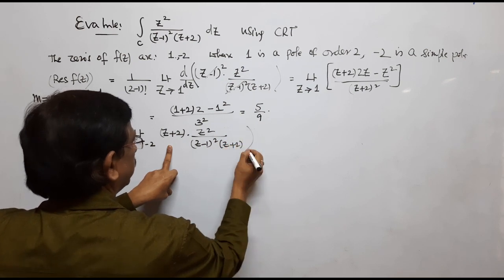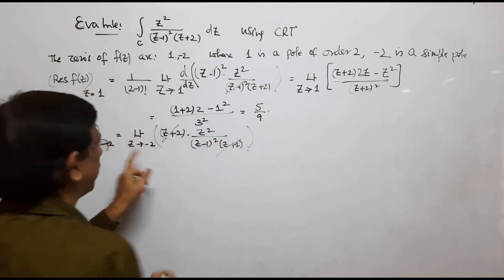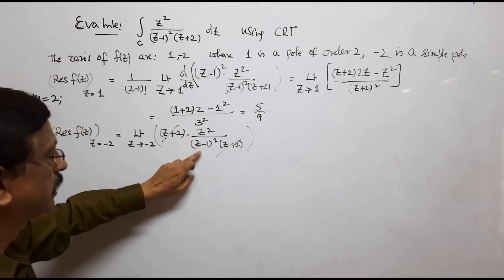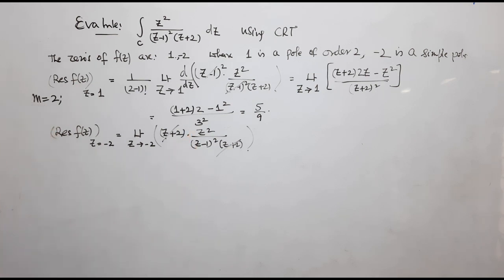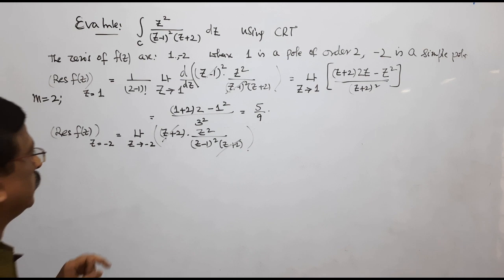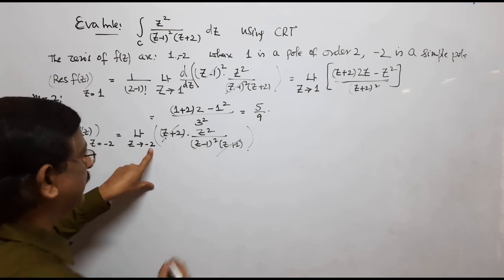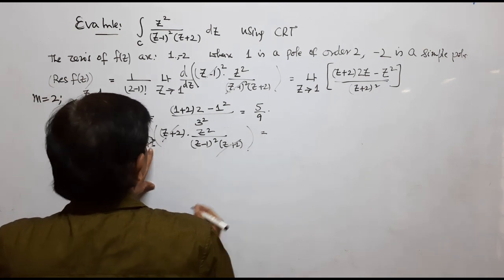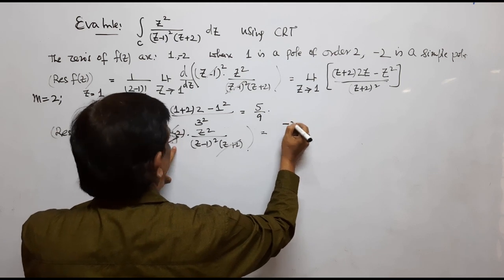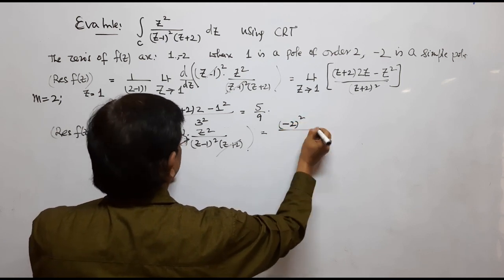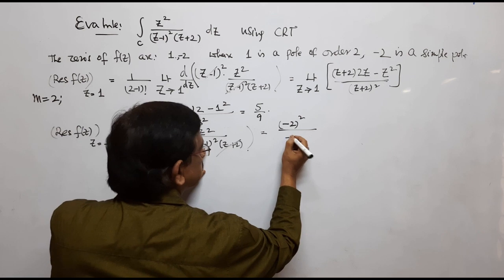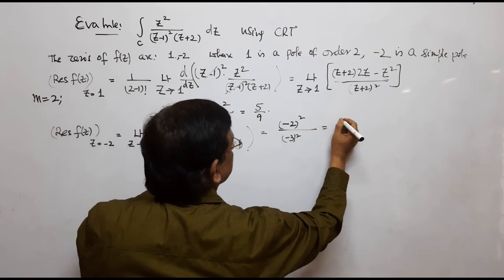I have to get rid of this z plus 2 because it's tending to minus 2. So I have z square by z minus 1 whole square. Now z equal to minus 2. So what will I get? I will get minus 2 whole square by minus 2 minus 1, minus 3 whole square, which is again 4 by 9.